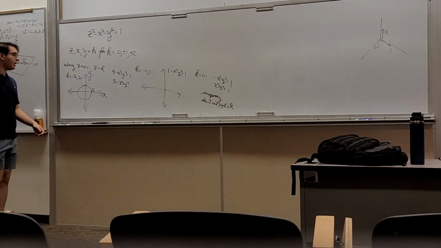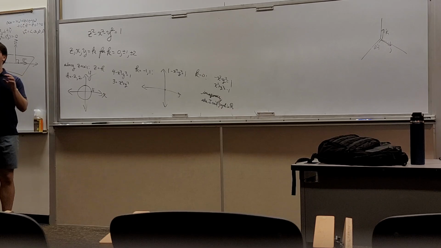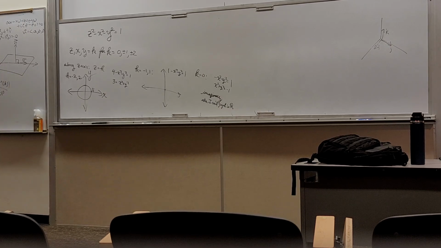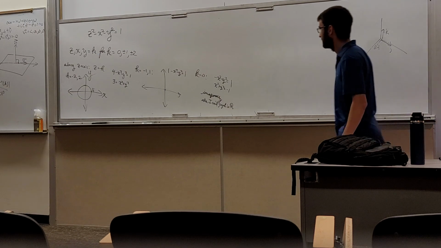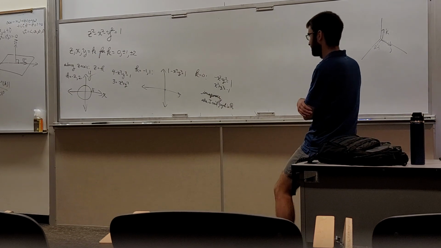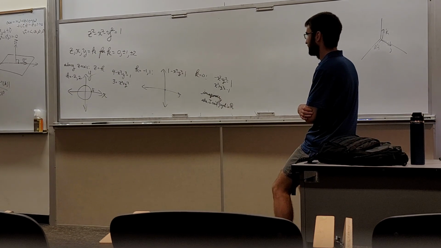Okay. So that means that for the middle one, why can't you make it x equals y and x equals negative y? Why can't you make it x equals y and x equals negative y?